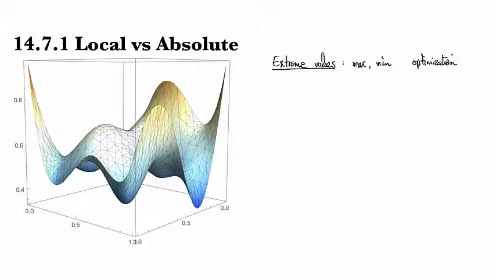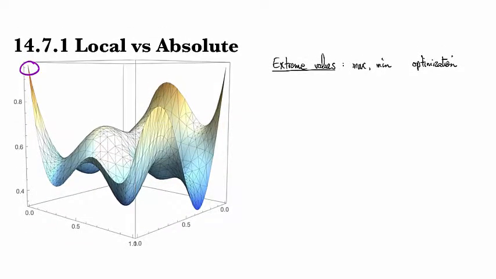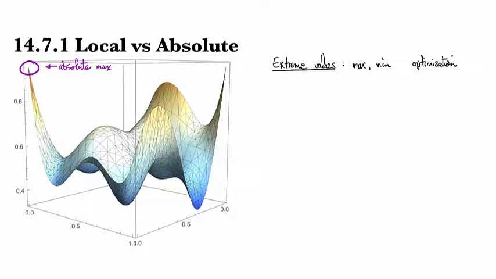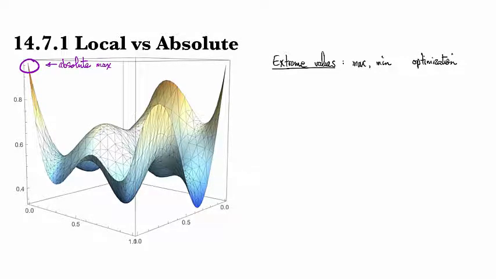So for this surface that I have right here, you can tell that the biggest value that the function attains is over here, up above the point 1, 0, the coordinate 1, 0. So here we would say that this is the absolute max of the function. And that's on this domain, so it's implied here that the domain is just what I'm showing you, the unit square [0, 1] cross [0, 1].